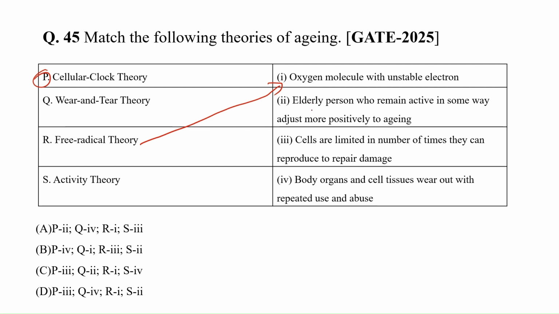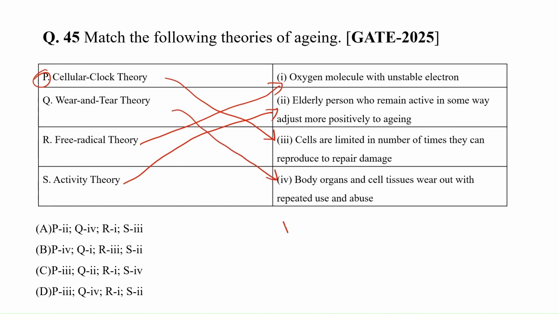The second option, an elderly person who remains active in some way adjusts more positively to aging, where we discussed being active and volunteering, was from activity theory. And where did we talk about cells being limited in the number of times they reproduce to repair damage? That was spoken in cellular clock theory. And lastly, body organs and cell tissues wear out with repeated use was from the wear and tear theory.